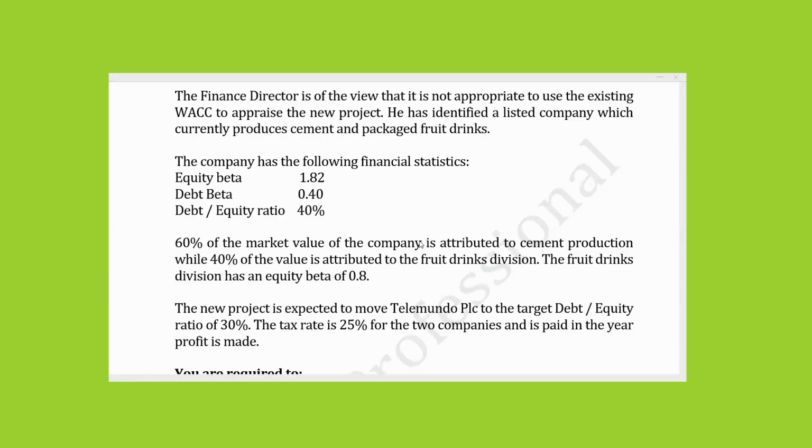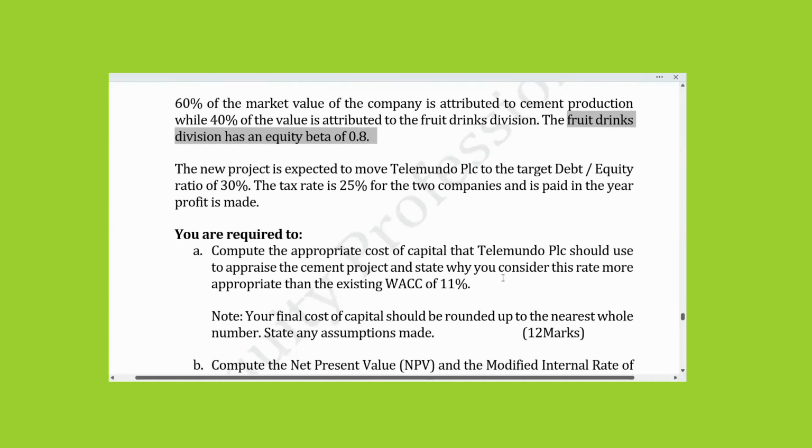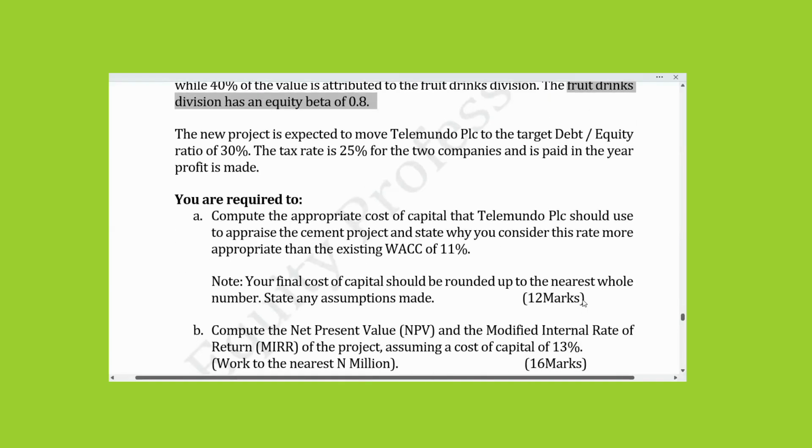All right. So, because the proxy company does not have a beta of cement, had it been that the proxy company has a beta of cement, life would have been very easy. And that is what the examiner has hidden in this question. You can see requirement number A is for 12 marks. That means you have to sweat.